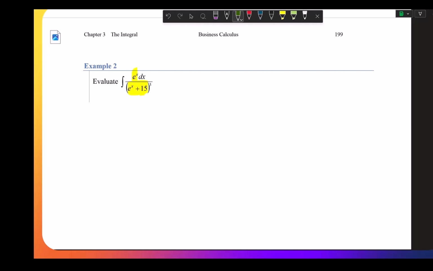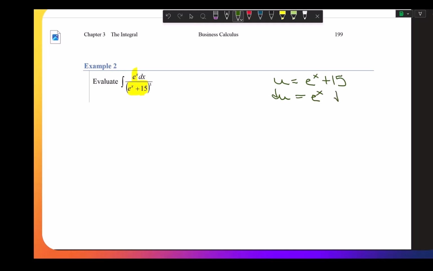If I can understand that part, that means I can say u is equal to e to the x plus 15. And then again, I can say du dx. But instead of doing that, we're just going to say the derivative of u is equal to the derivative of e to the x, which is e to the x.